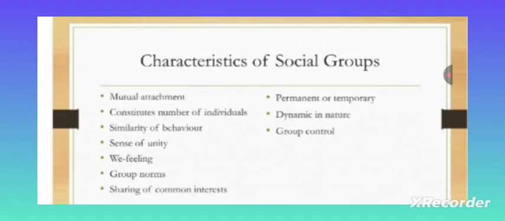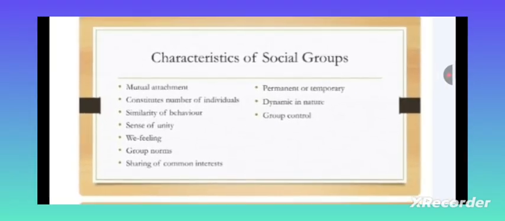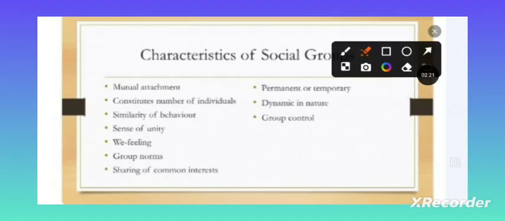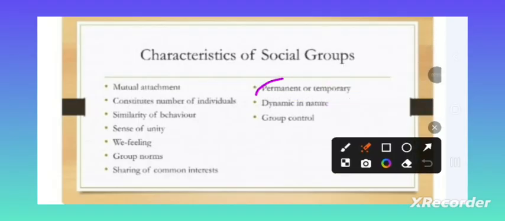Characteristics of a social group. Mutual attachment: members are drawn to each other. A continuous number of individuals: it's not a single person. Similarity of behavior: members often act in similar ways and share values.